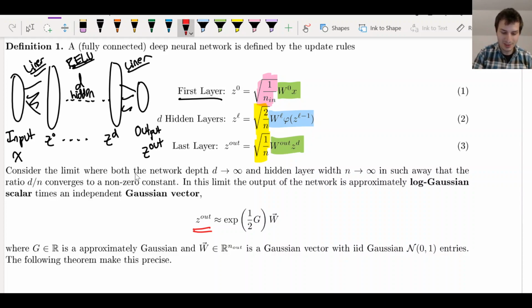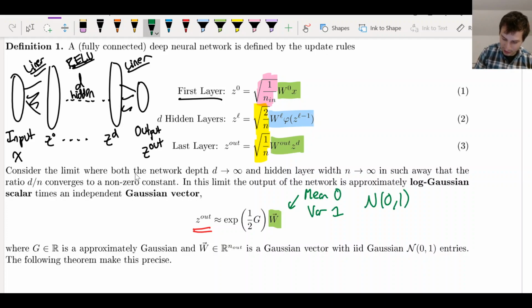One thing is maybe not so surprising. One thing is a Gaussian vector W. This is a Gaussian vector of size of the output dimension. All the entries are independent, mean 0, variance 1 Gaussian entries.